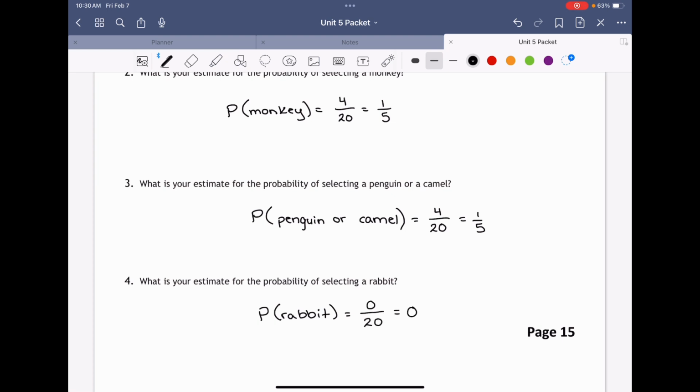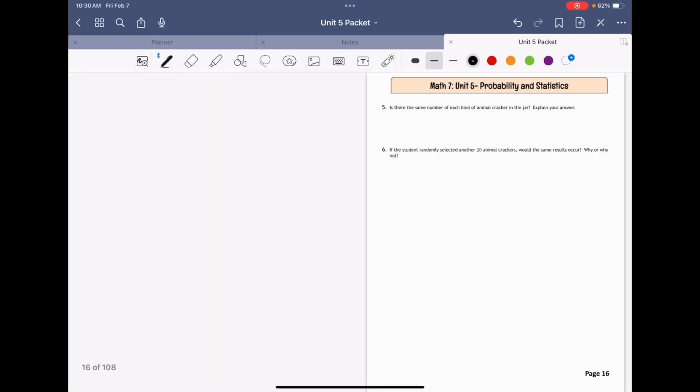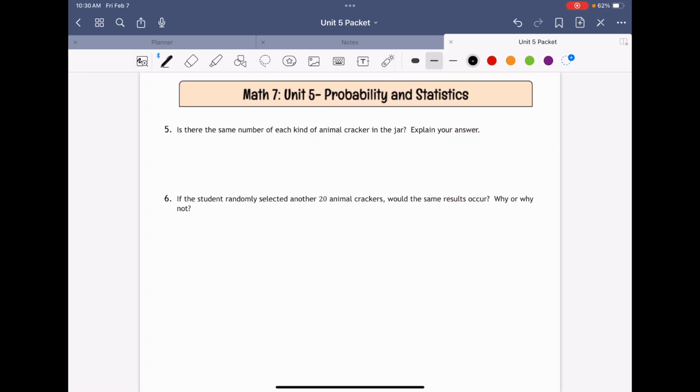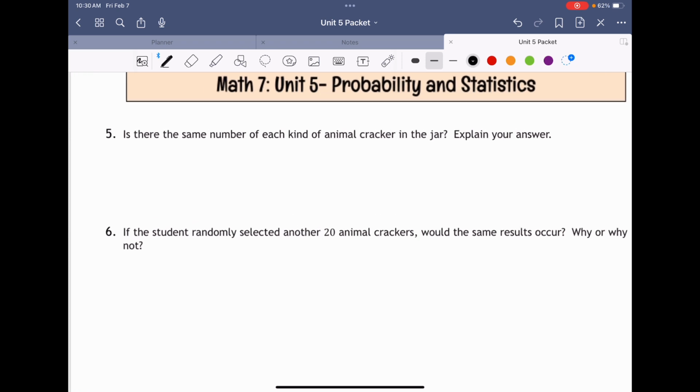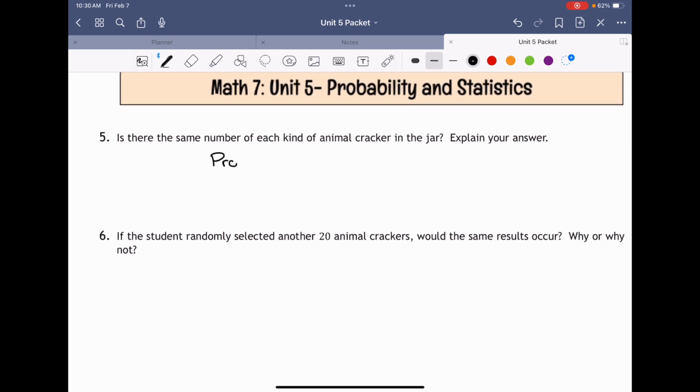Next page. It says, is there the same number of each kind of animal cracker in the jar? Explain your answer. Okay, but we're going to say that there's probably not the same number here, because we cannot assume they all have the same amount. We don't have enough information, and we don't know the proper totals.